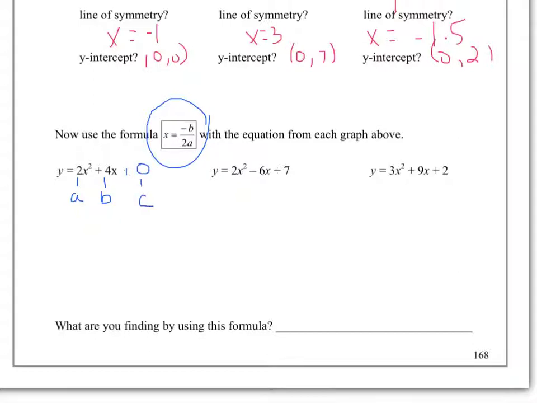We fill in x equals -b, so -4, because b is 4, over 2 times a, which is 2. So x equals -4 over 4, which is equal to -1. So here the axis of symmetry is -1.